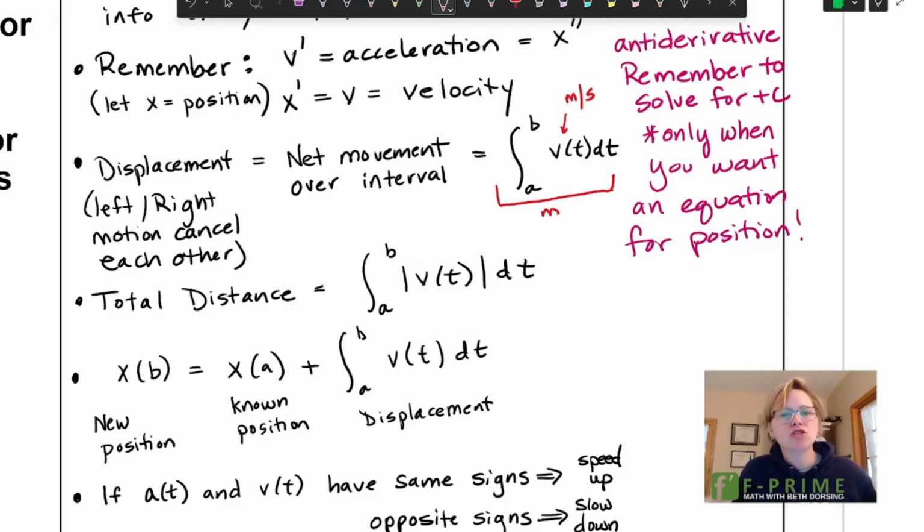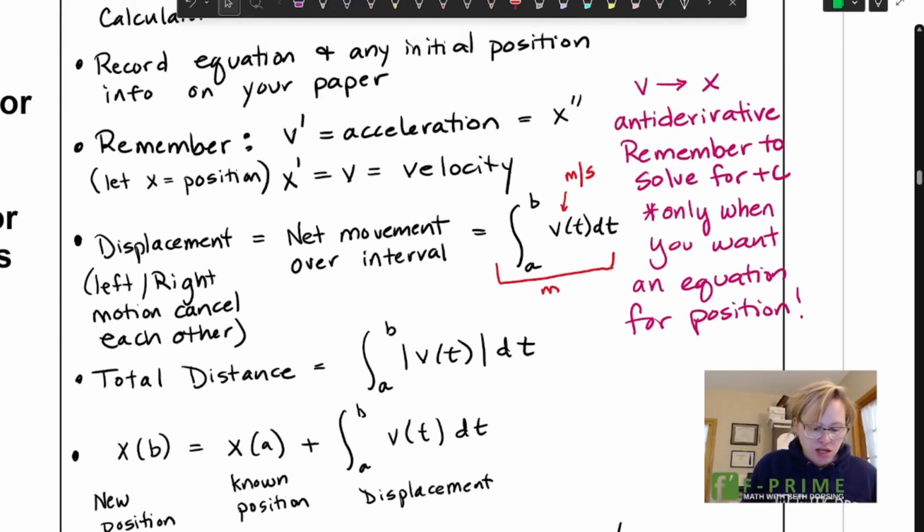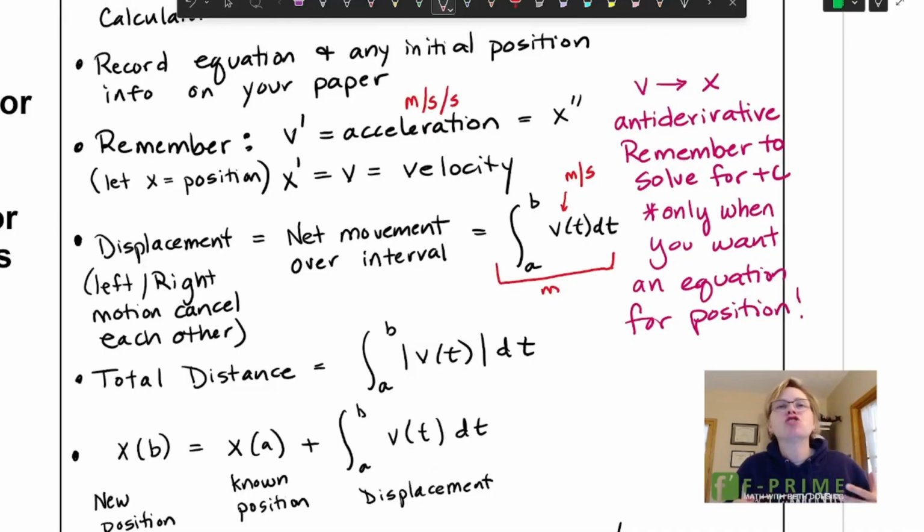So the units are going to shift. Anytime we integrate, we take away a per time, and anytime we do a derivative, we add a per time. That's why acceleration is going to be meters per second squared. So those units are going to shift every time we do a derivative or an antiderivative.